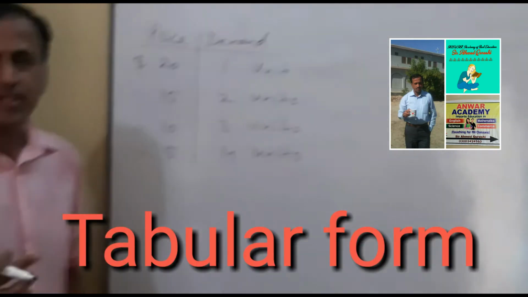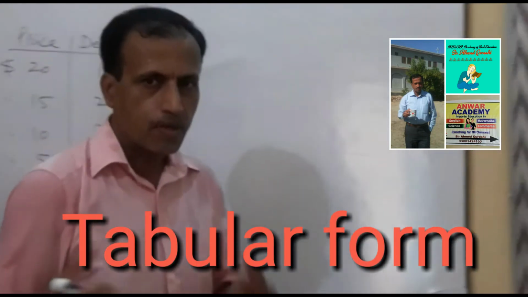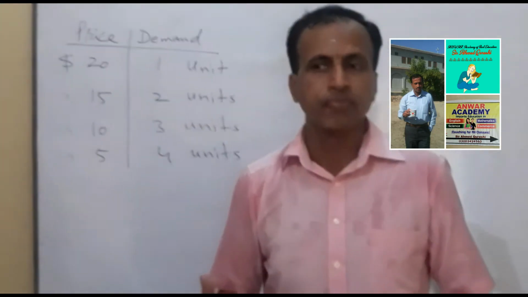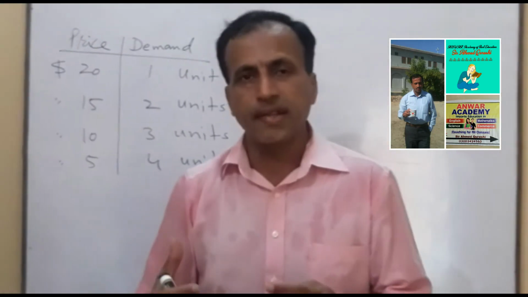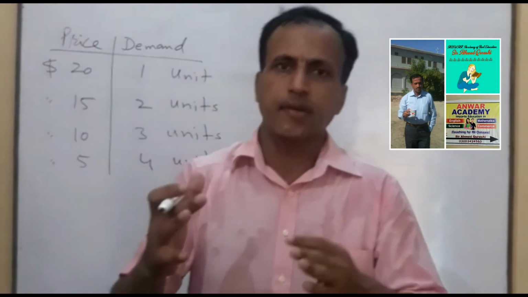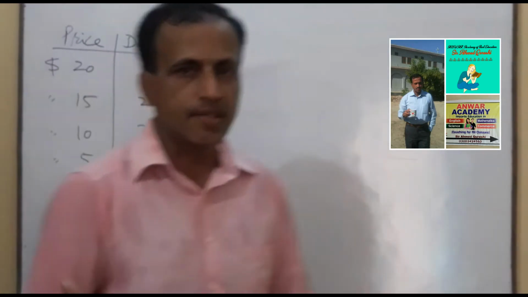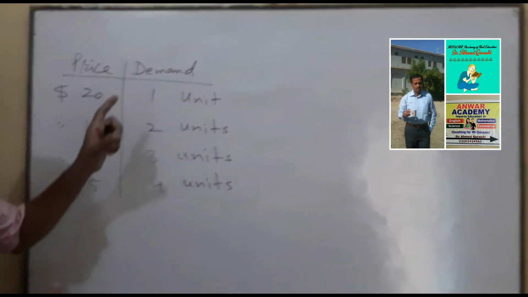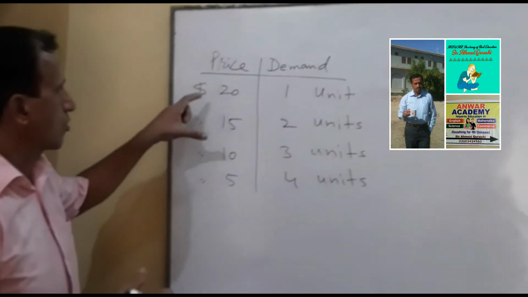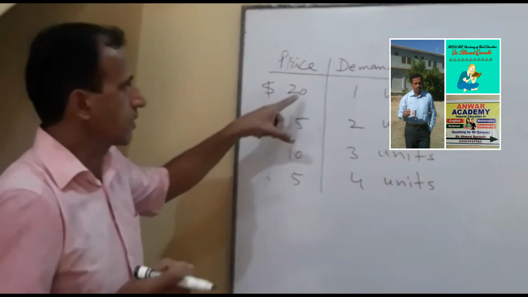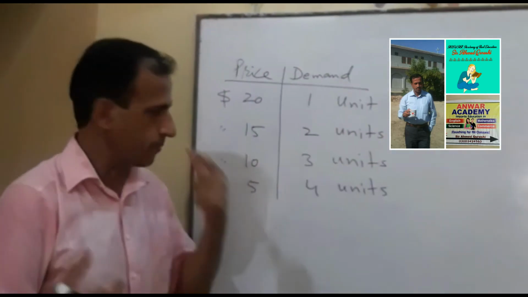This table is according to the law of demand, which I told you: when the price of any commodity increases, its demand will decrease, and when price decreases, its demand will increase. Now look towards the board. When price is $20, we are demanding 1 unit of the commodity.